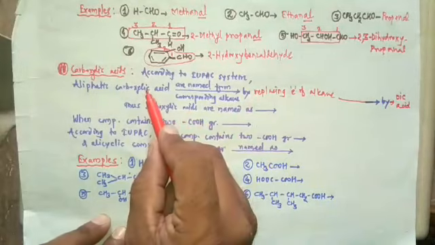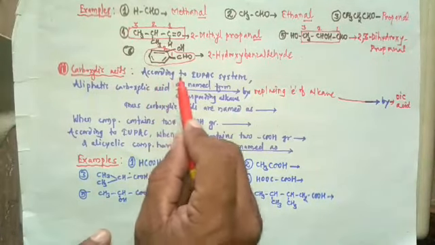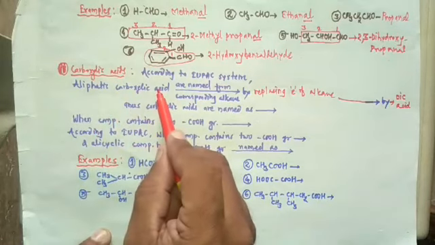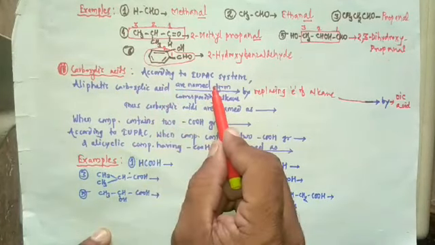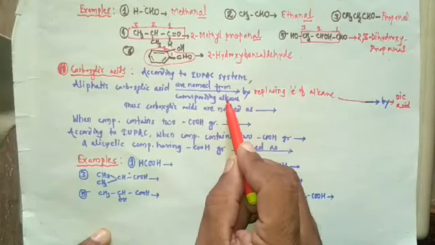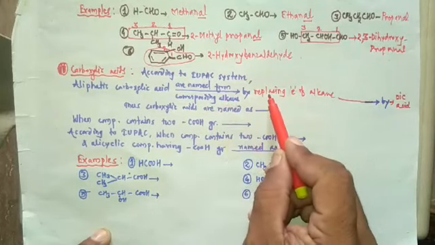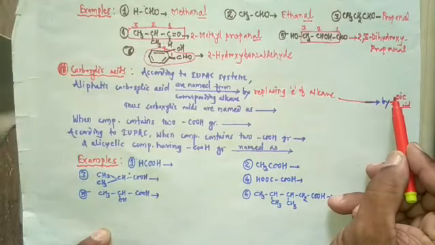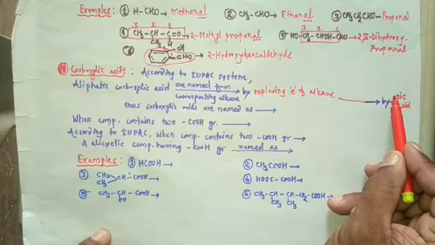I am going to repeat once again: according to the IUPAC system, aliphatic carboxylic acids are named from the corresponding alkane, and from the corresponding alkane we replace the final letter E of the alkane by the suffix oic acid.